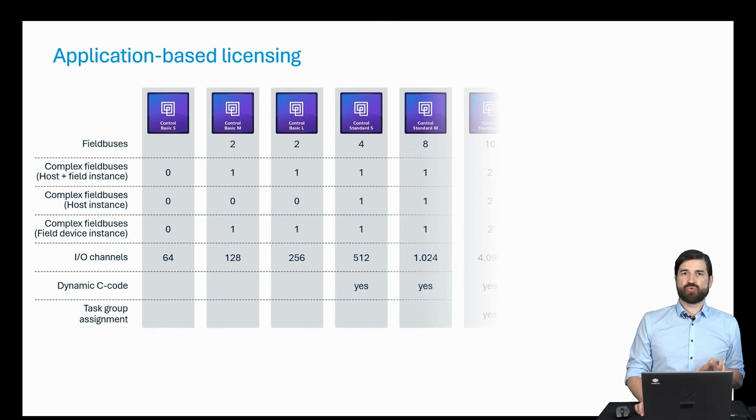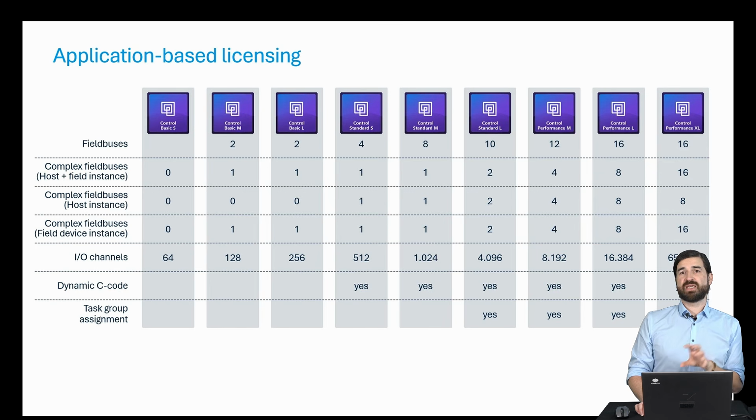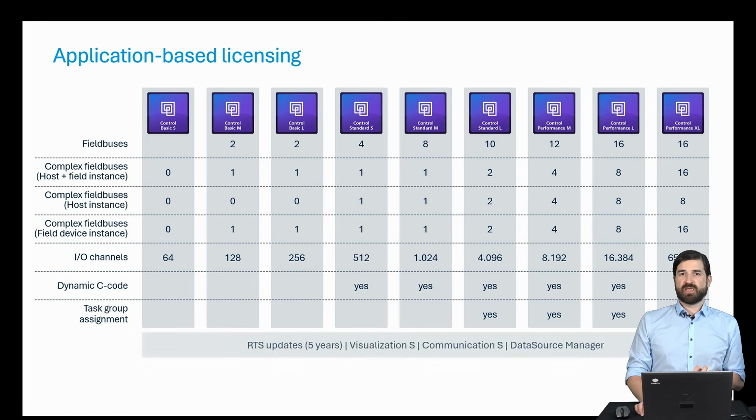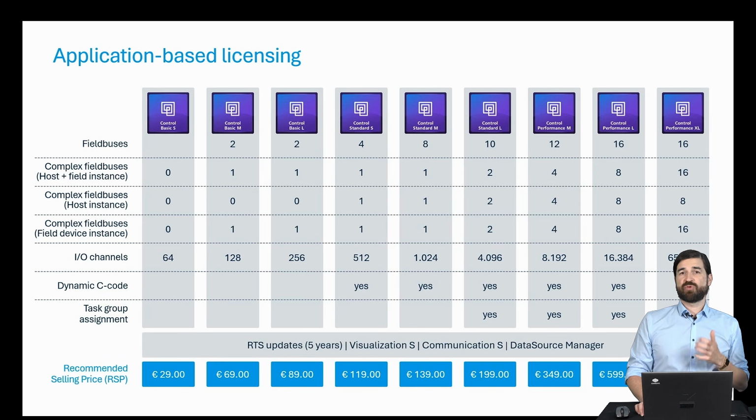The tiers range from Control Basic S up to Control Performance XL, and every tier includes 5 years of runtime updates, Visualization S, Communication S, and a Data Source Manager license. So you pick the tier that fits your application, and that's your per instance cost. It's predictable and it scales with complexity, not with the number of boxes on your floor.